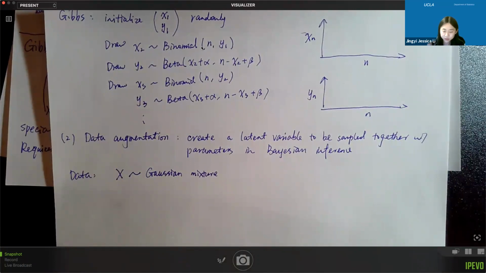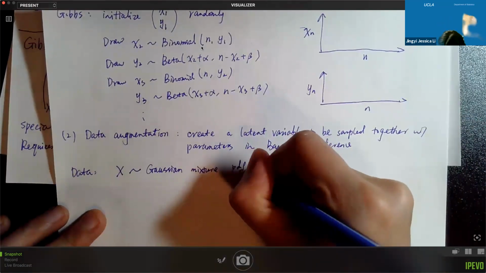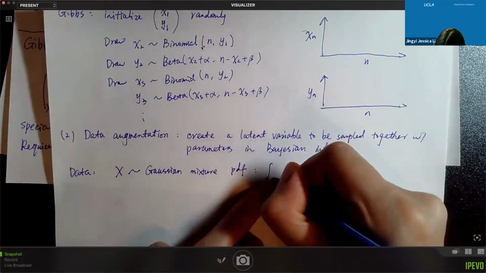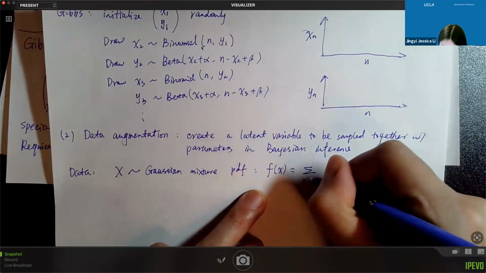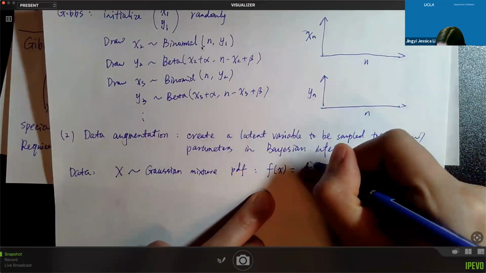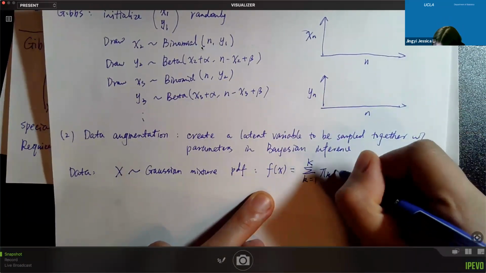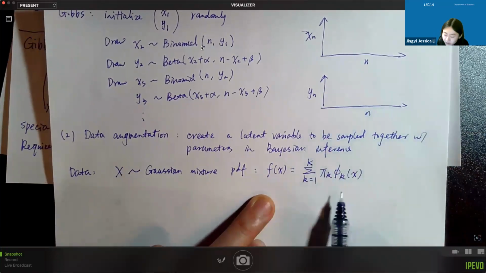So for this one, we can say, okay, the Gaussian mixture model with PDF, we can write the PDF as f(x) equal to the sum over k from 1 to big K of pi_k phi_k(x).